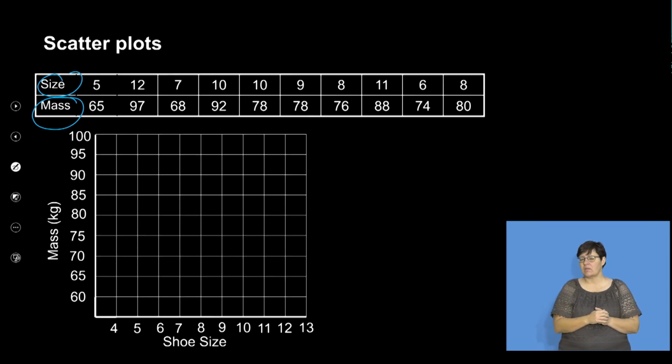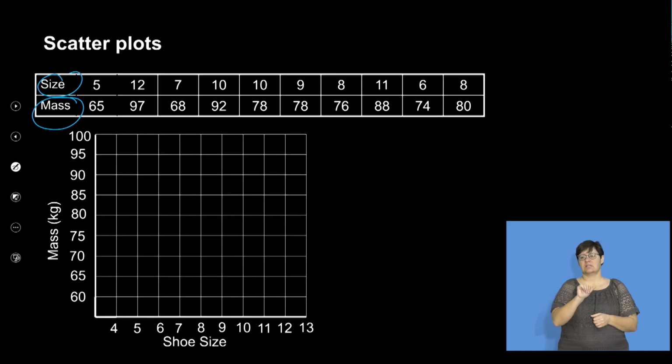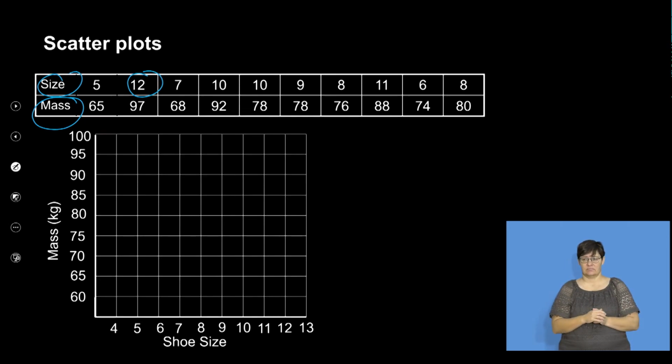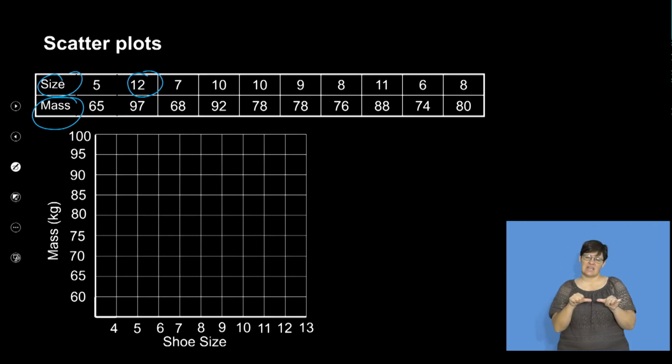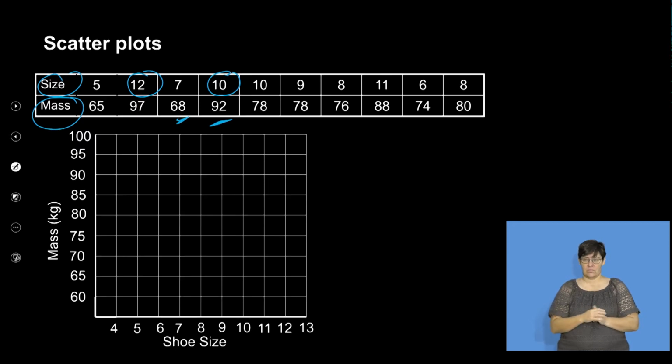We found that the shoe size was 5 and the weight was 65 kilograms. And shoe size was 12 and weight 97. And another person, shoe size 7, weight 68. Another person also, you can see, shoe size 10, weight 92, and so on.